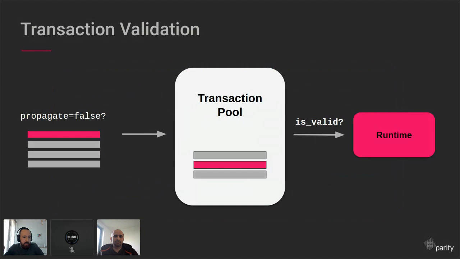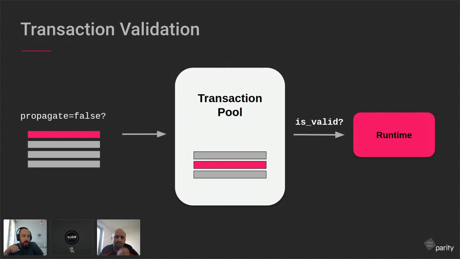So every transaction that the node sees goes to the transaction pool first. The transaction pool is a generic component that doesn't really know what the transaction is at all. It's just raw bytes for the transaction pool. So the transaction pool has to ask the runtime, so the thing that you are writing, hey, can you tell me if this blob of bytes is actually a valid transaction, and what properties does it have?